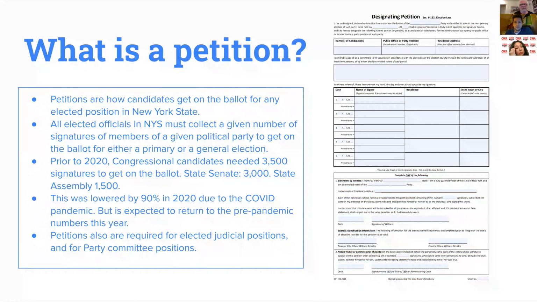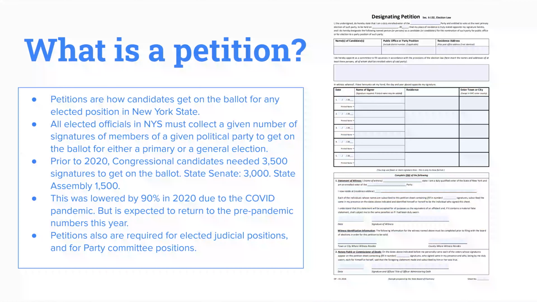Prior to 2020, the requirements were that you would need 3,500 signatures to get on the ballot as a congressional candidate. State Senate would need 3,000, and a state assembly candidate would need 1,500 valid signatures of members of the party.